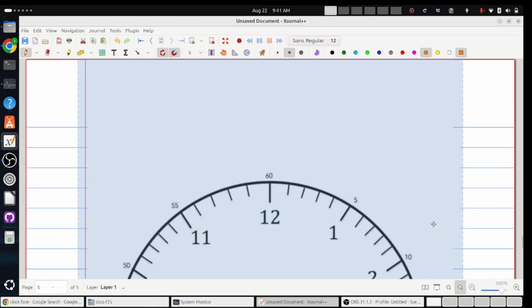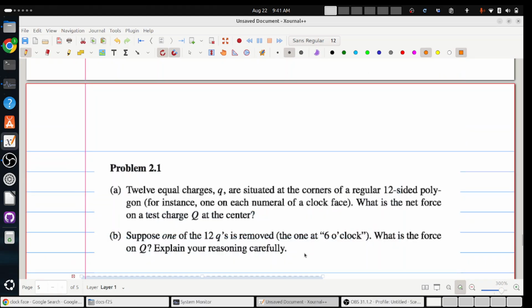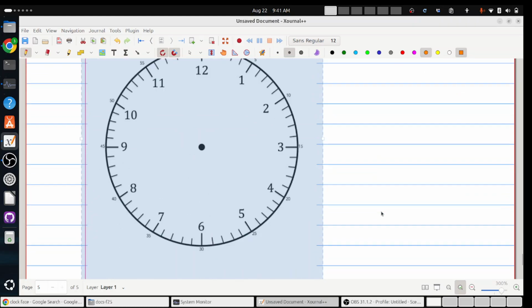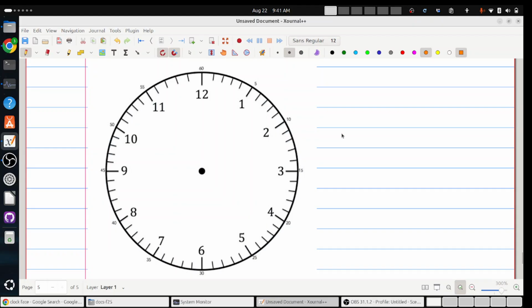I like this one because it's got the degrees on there. Oh, no, that's not the degrees, that's the minutes. But we could easily transcribe that into actually looking at the angles, okay?